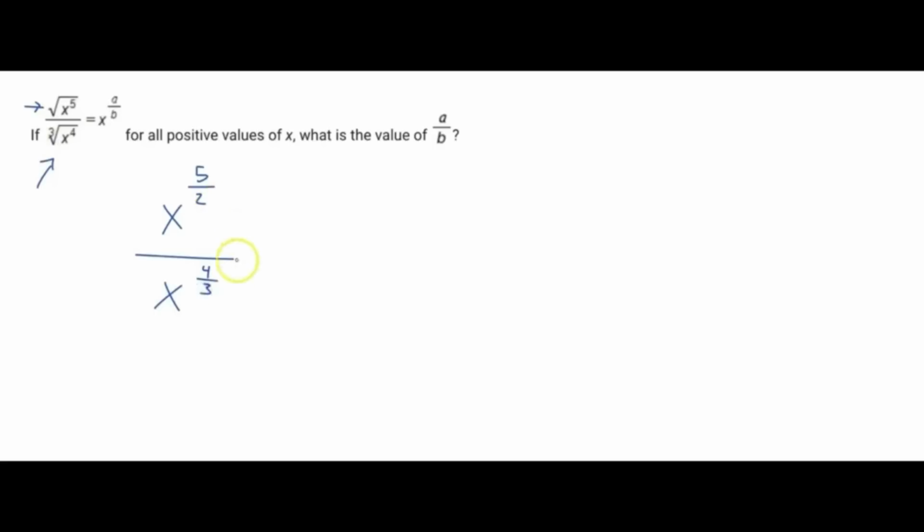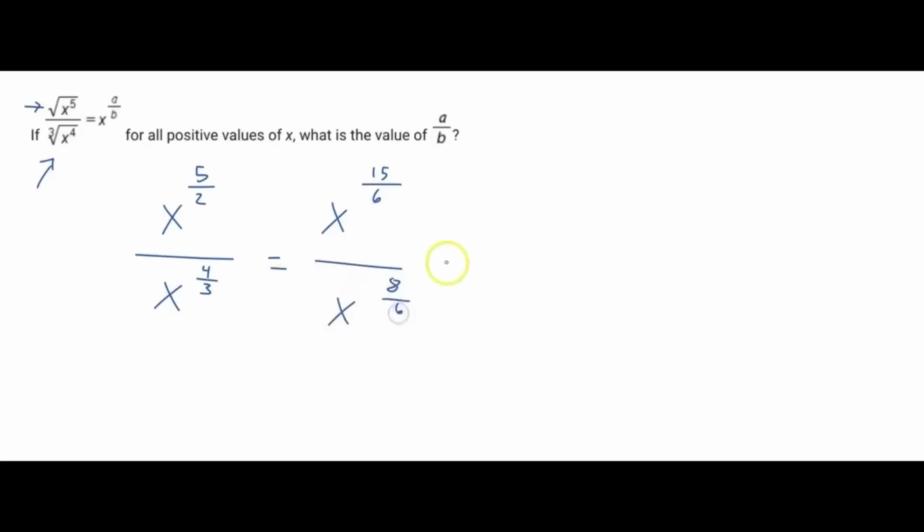And so now we want to find a common denominator here between 5 halves and 4 thirds. And so we can just multiply this by 3 and this by 2. So this would be x to the power of 5 times 3, so you get 15 sixths. And then we multiply this by 2, so you get 8 sixths.